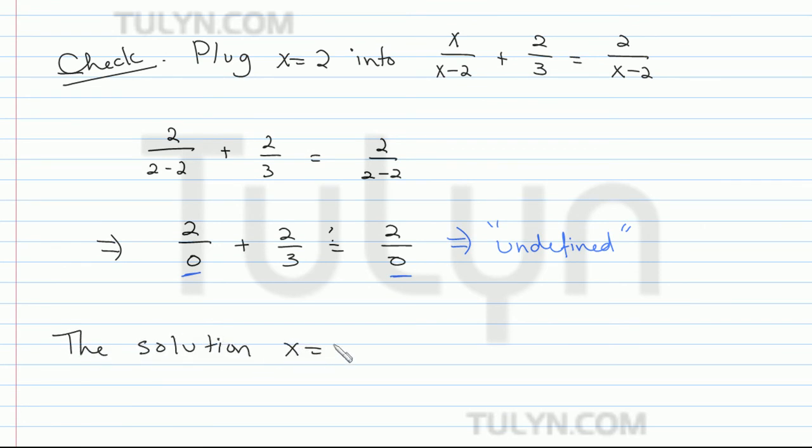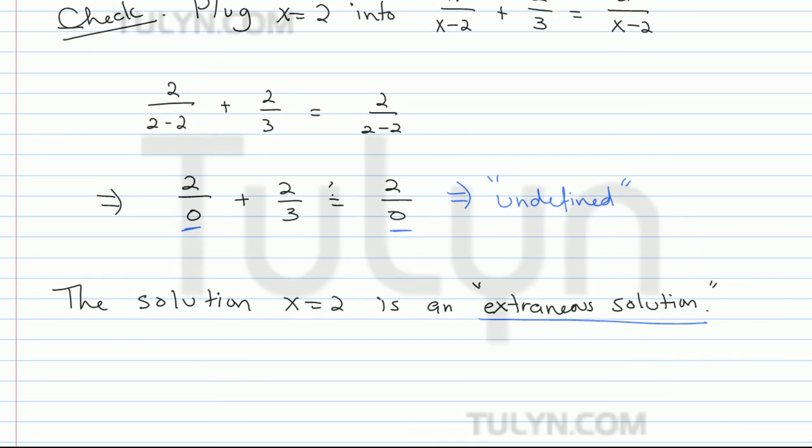So the solution x equals 2 is an extraneous solution, which basically means that it solved the equation, but then when you plug it back in, it gives you something undefined. And so since the only solution we found was extraneous, there is actually no solution to the equation.